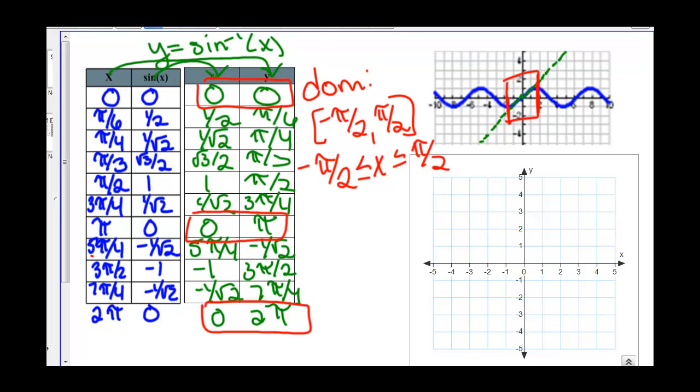So remember that 3 pi over 2 is the same as negative pi over 2, and 7 pi over 4 is the same as negative pi over 4.